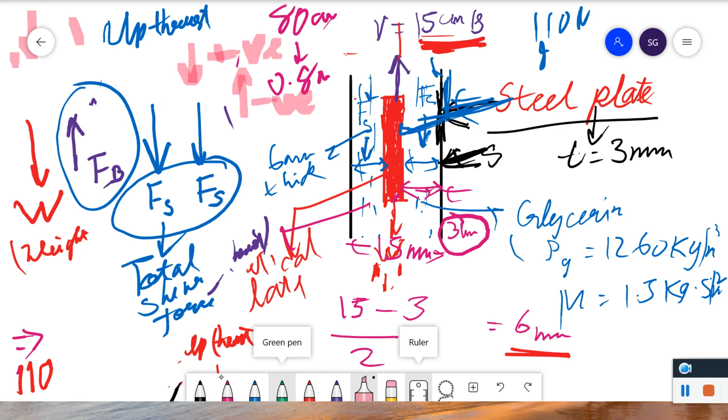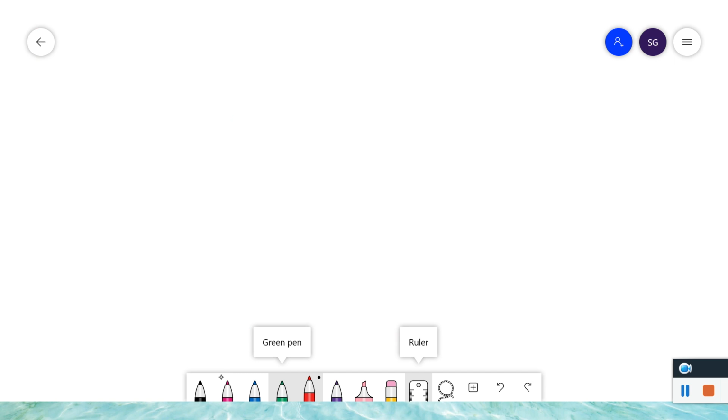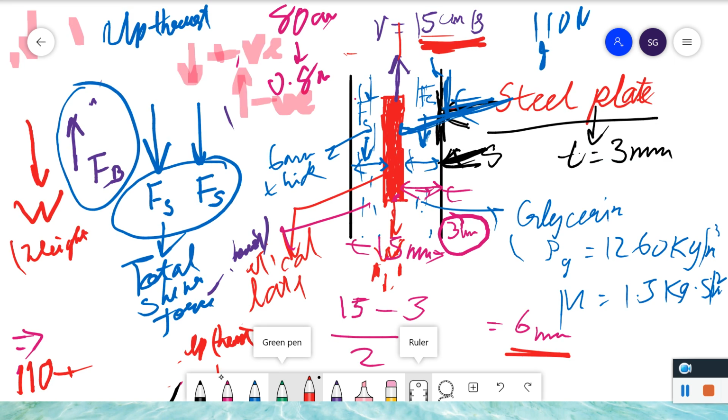Okay, so plus 110 minus this Fb, you know this Fb, minus Fb we have calculated out to be 23.73, plus total shear force we have calculated before only and it was 48, isn't it?